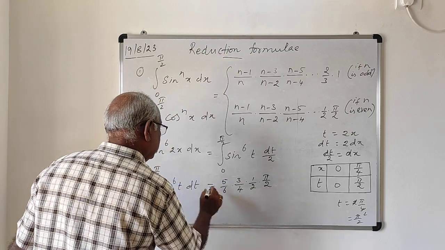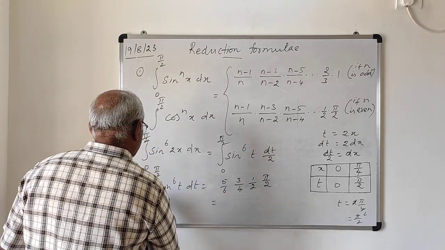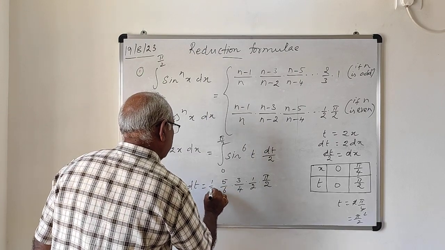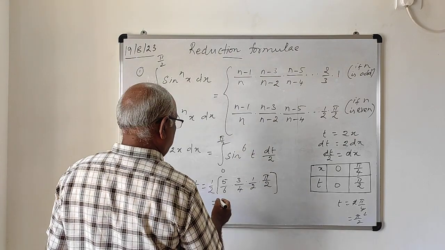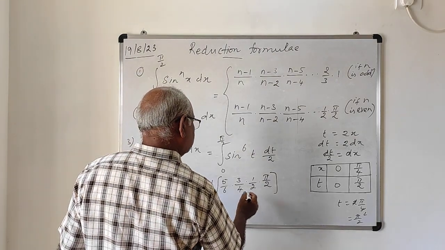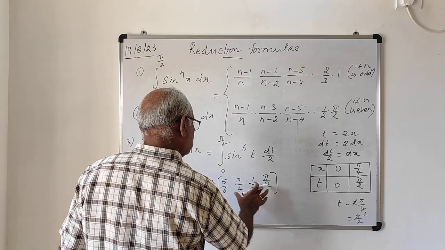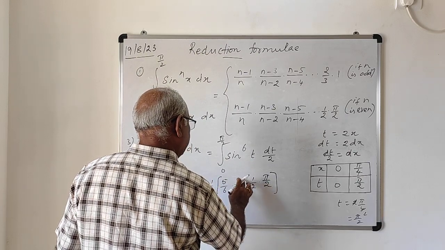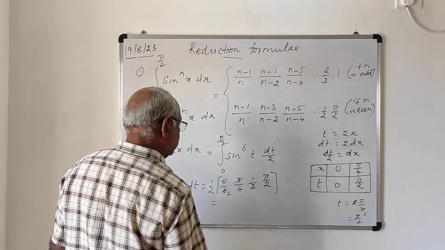One more thing, this 1/2 is also there. So this is 1/2 into the remaining terms. What do you get? 5 3s are 15. No term will be cancelled. 1 3, 2 3 are 6.